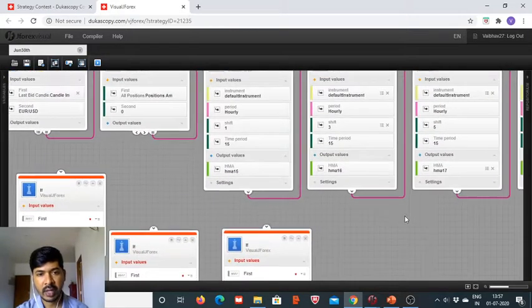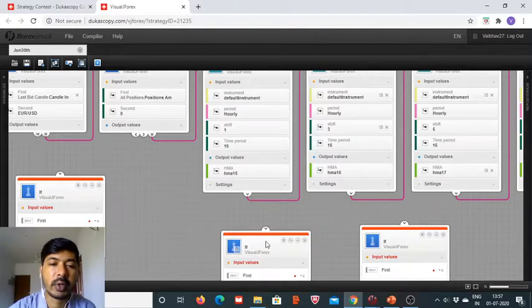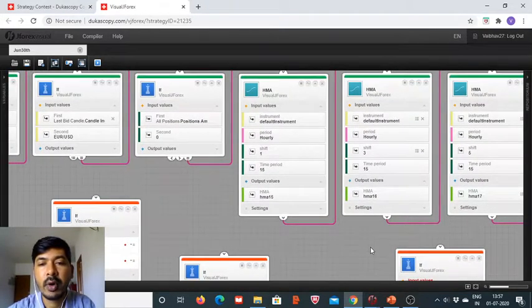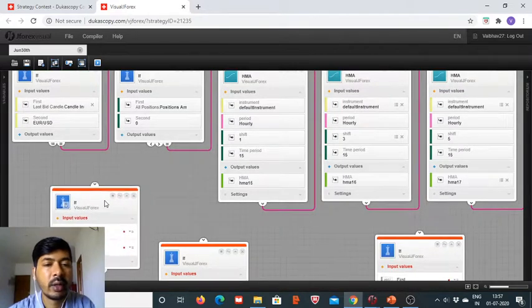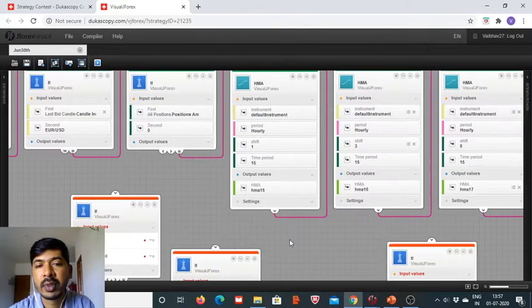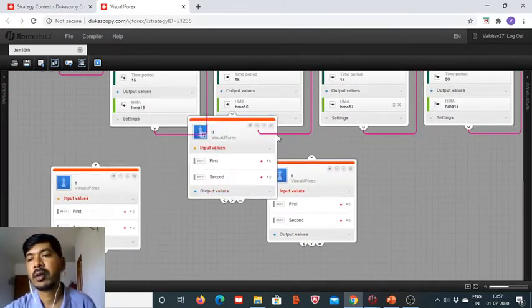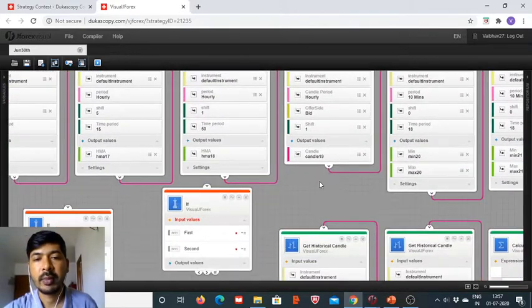But for the time being, let us add some if conditions and then we will move on to the calculation part later on. So here we want the last hourly candle to have closed above the 50 HMA, and for that we have to take HMA 18.